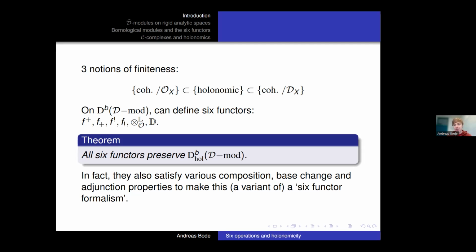Again, very much in parallel to how, for example, constructible sheaves work on complex manifolds, or how you can work with sheaves on the étale side. So this gives a very, very powerful framework in which to study D modules, because you can manipulate them in all kinds of ways, and they remain in this nice category of holonomic D modules.